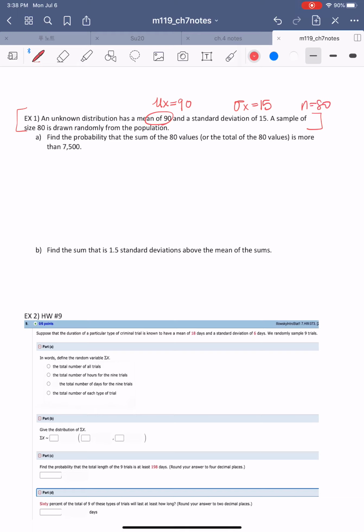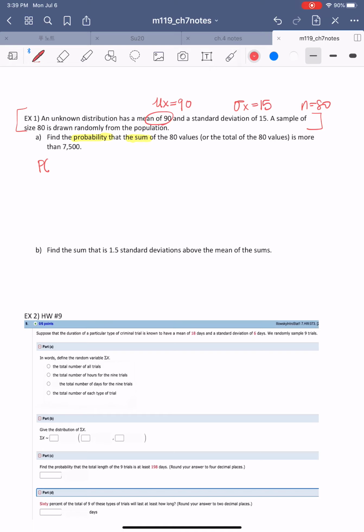Find the probability that the sum, take a look at the word sum, and you're looking for a probability. But what's your variable? Your variable will be the sum now.